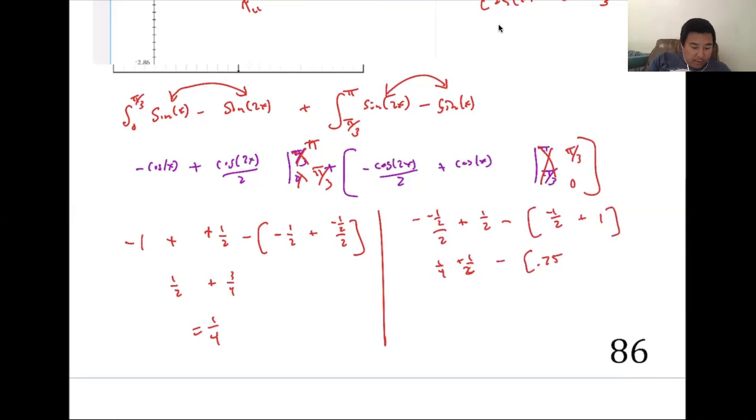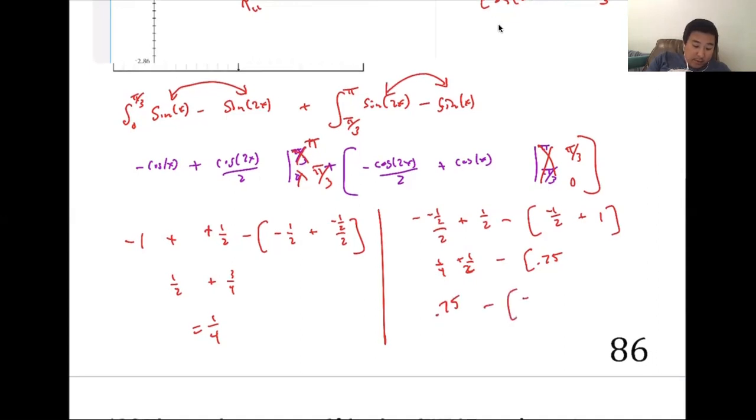Pi over 3, negative 1/2 times negative 1/4. Cosine of negative 1/2, so that's 0.75. And then plug in 0. Cosine of 0 is negative 1 half plus 1.